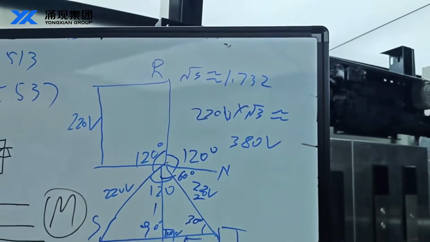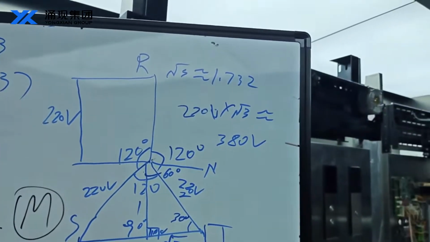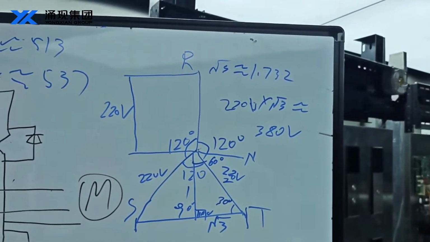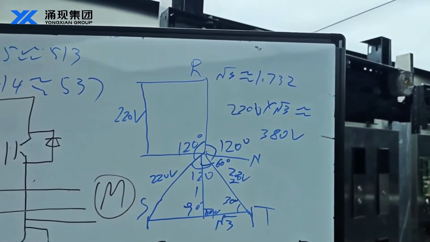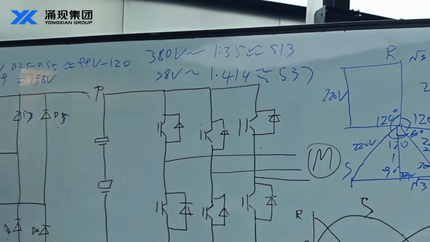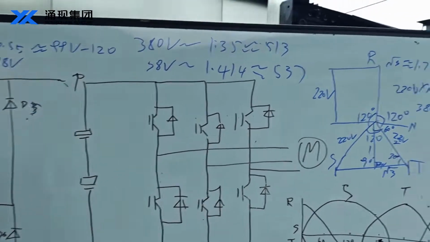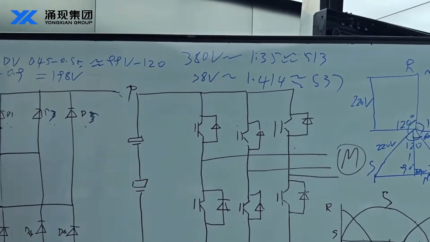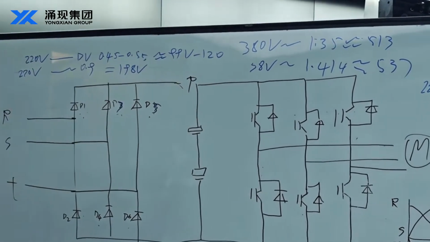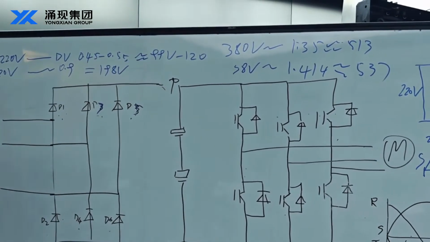The square root of 3 is around 1.732. So the phase difference of 120 degrees corresponds to our 380 volts line voltage.